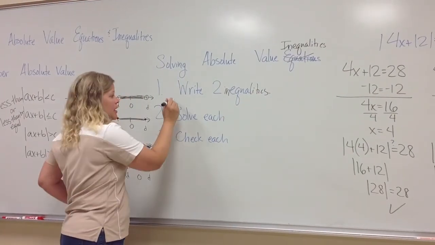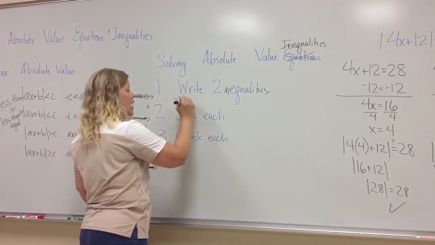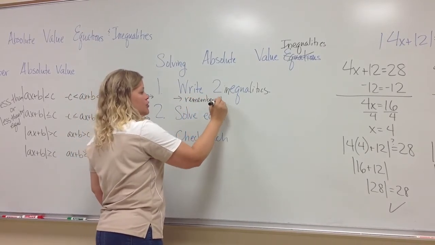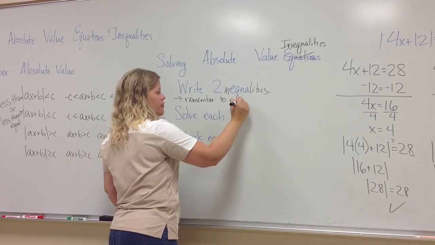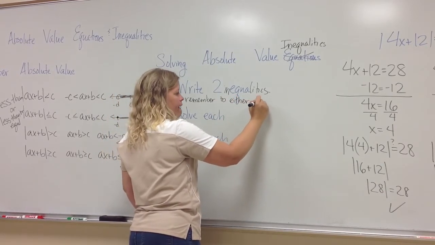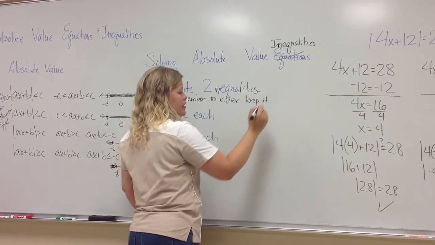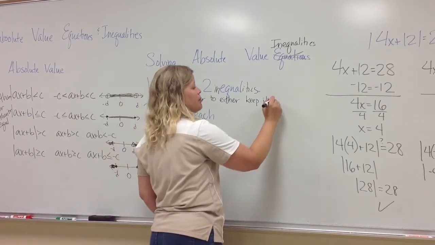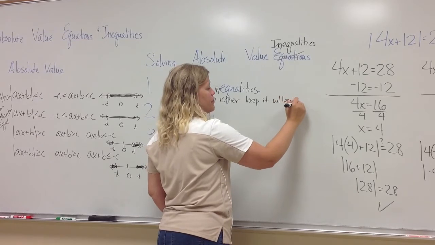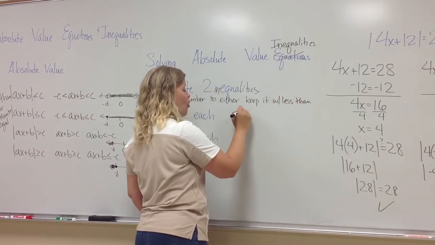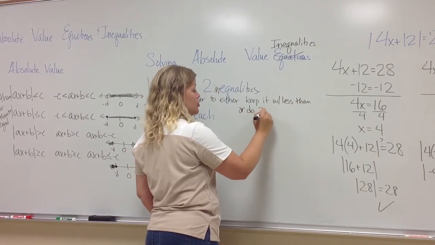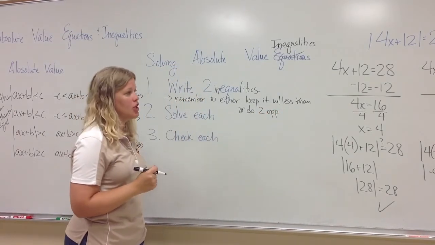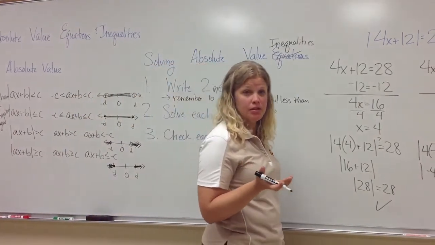We're going to jump into the middle and remember to either keep it with less than, or do two opposites. And then you can solve it and then you can check it. Okay, let's try some of these.